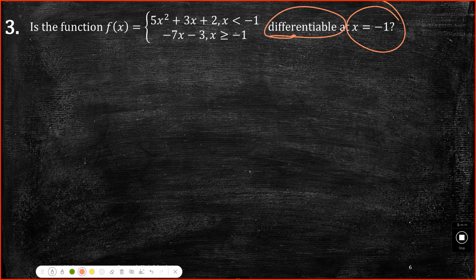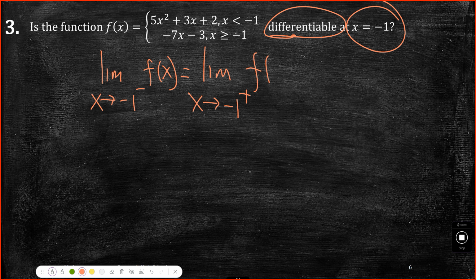So we have to say that the limit as x approaches negative 1 from the left of this function f of x has to equal the limit as x approaches negative 1 coming from the right of the function f of x. And if that is true, then this would be differentiable.